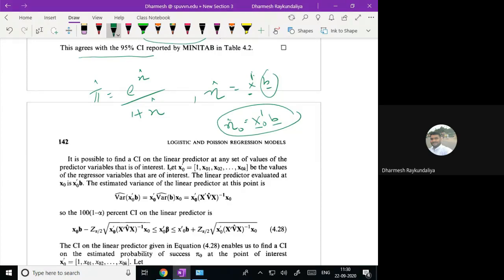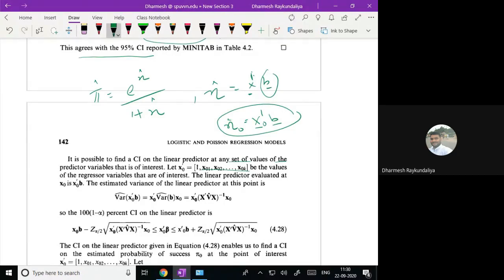So it is possible to find the confidence interval on the linear predictor at any set of values of the predictor variables that is of interest. Suppose my point of interest is x0 dash. We take this as 1, x01, x02, up to x0k. x01 means some value for regressor 1, x02 means some value for regressor 2.